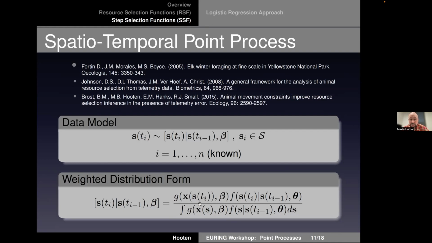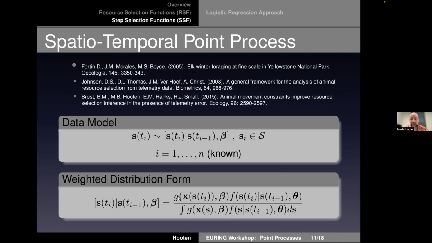Well, here, x is the same as before, and f is the new part. So f is what's referred to as the availability function. So it's, in other words, you can think about it as how the dynamics of the movement trajectory works on its own. And then g would be the selection function.